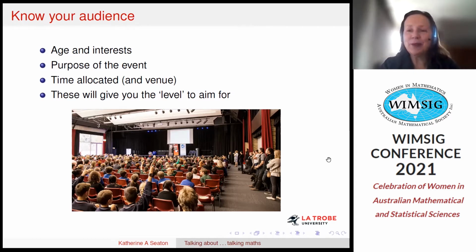So all these sorts of things will help you decide what kind of talk you can give and what level to aim it at. So the theme of the talk for the day was the mathematics of Pokemon Go. Pokemon Go was huge at the time, and I thought that would be a topic that would really suit the interests of the audience that I had.